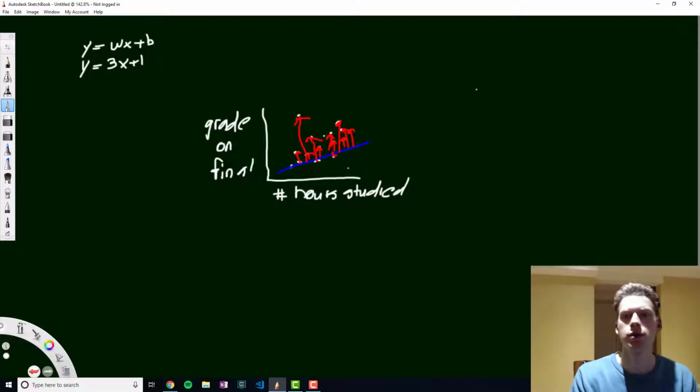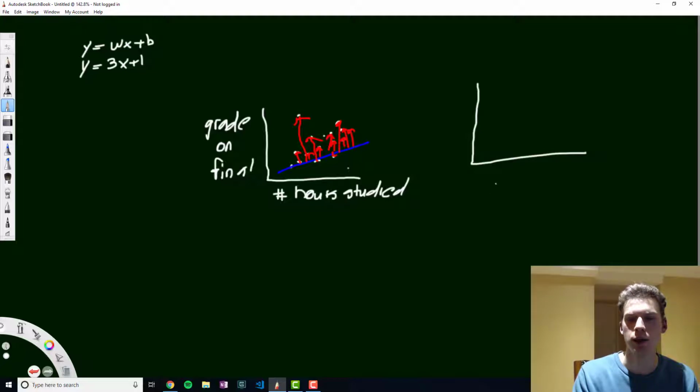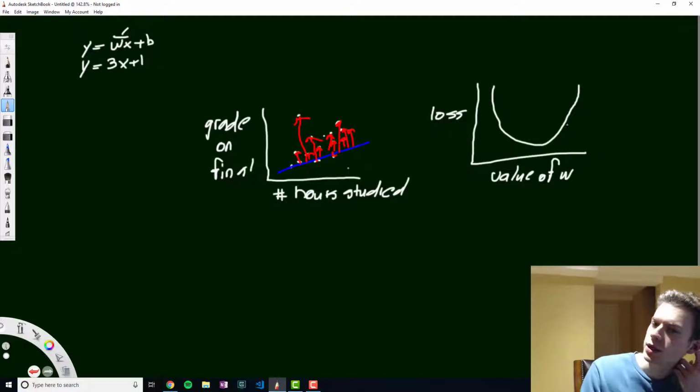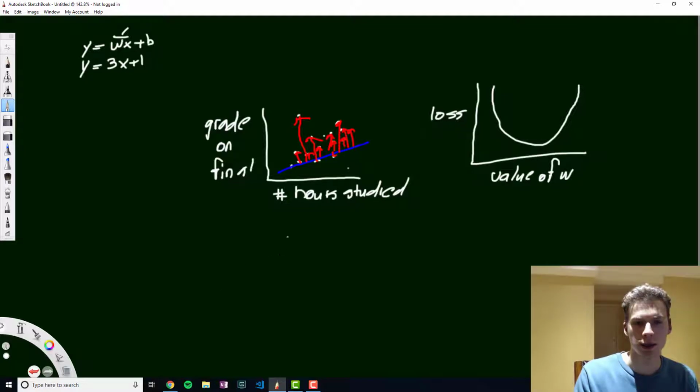If I were to plot the relationship between the value of w, our weight, which is right here in our function, and the loss, it would look something like this. And the reason why it looks something like this is, for the sake of example, let's say our data looked like this.